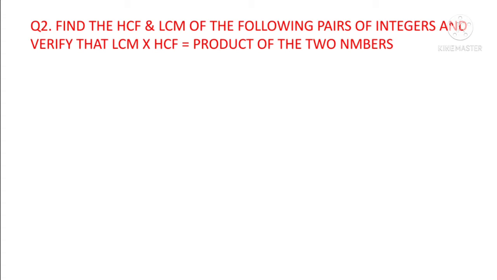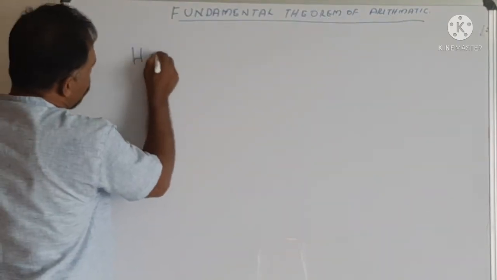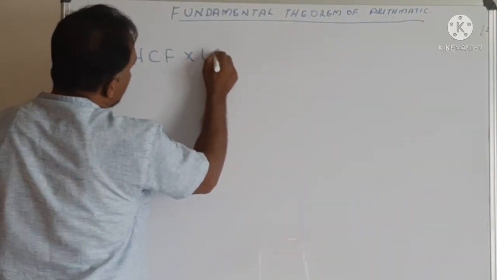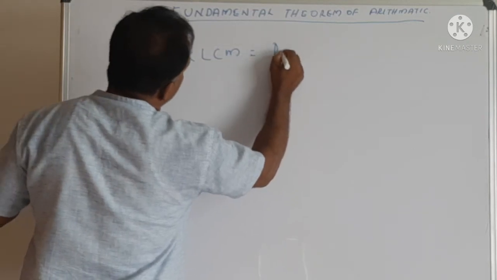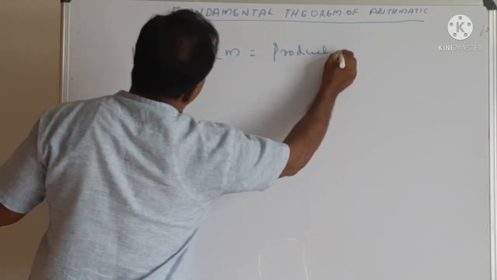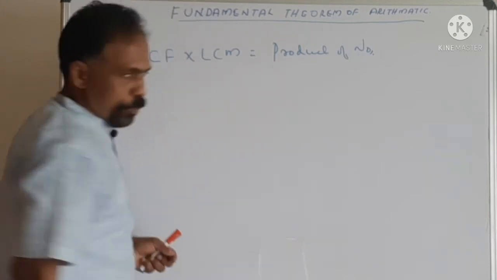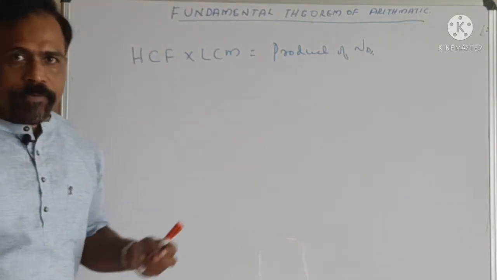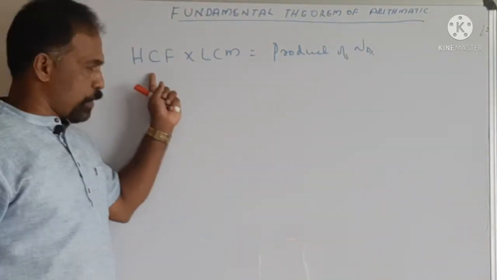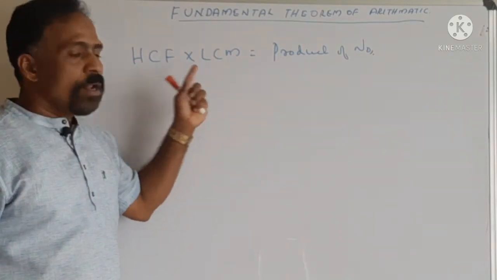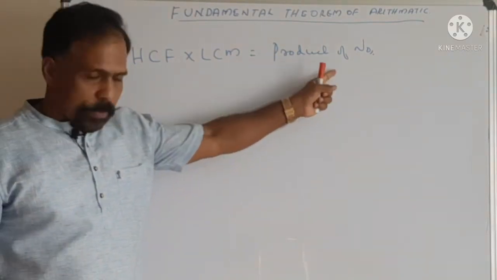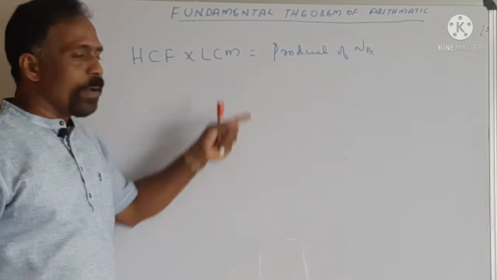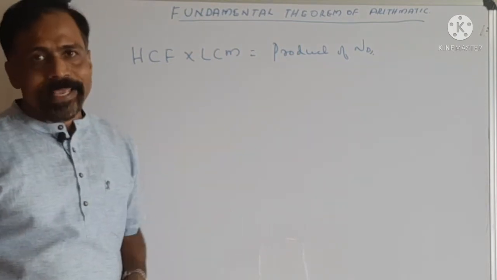Please remember one thing: the product of the HCF and the LCM gives the product of the numbers. So in the exam, if they ask you to find the HCF provided the LCM is given, multiply those two numbers and divide by the LCM, or the HCF, and you will get the answer.